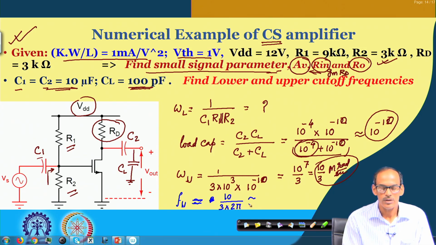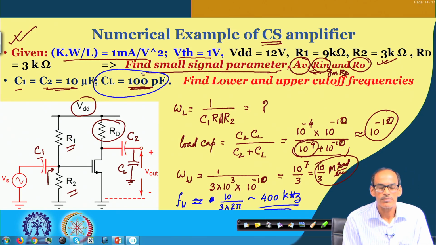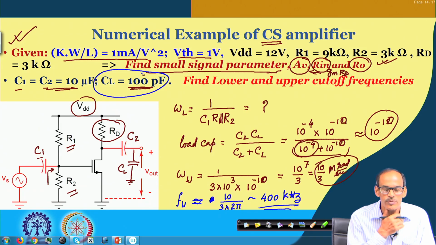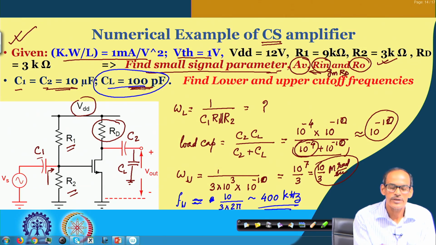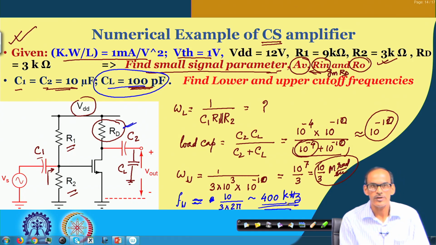So, roughly it may be 400 something kilohertz. Whenever we are talking about CL, it may come from maybe the next stage, or from a measuring probe capacitance or instrument. Typically, in the hardware lab, we have seen that CL is somewhere between 30 to 100 picofarad. With that CL and this practical value of R d, you may get upper cutoff frequencies like this.